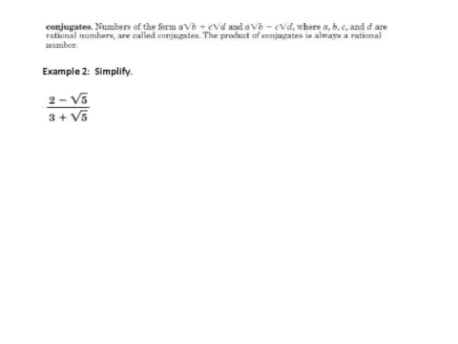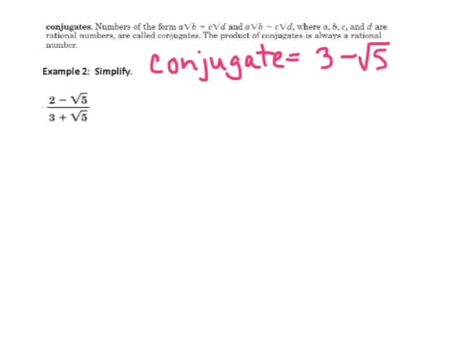So let's clearly identify the conjugate of the denominator. Since it's of the form binomial and an opposite, we'll copy that here. So since the binomial in the denominator is 3 plus root 5, its conjugate will be 3 minus root 5.